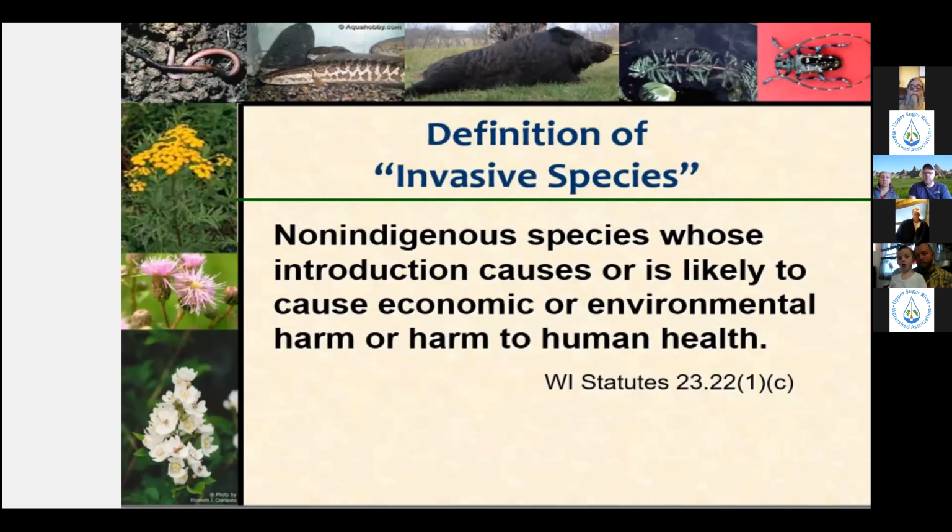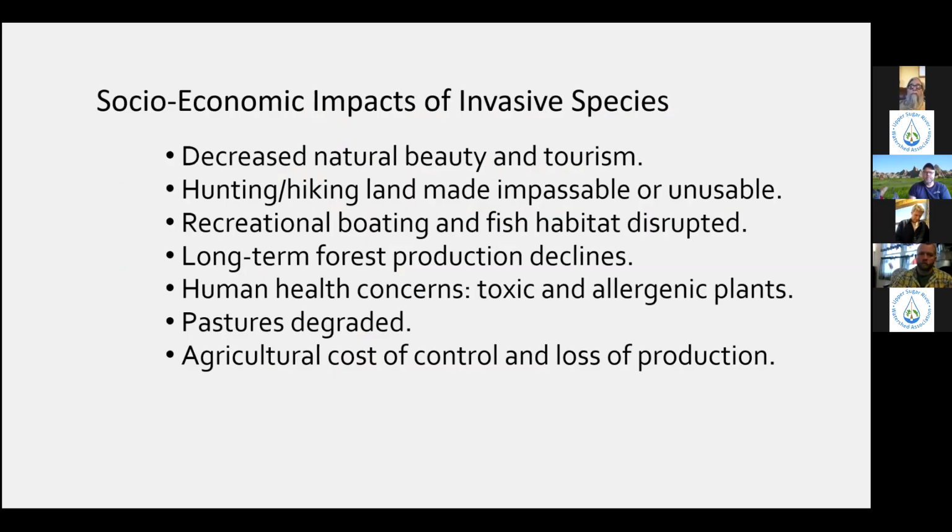In particular, we're talking about species that aren't from here originally, that have come here since the settlers have moved in, and that are going to be doing some variety of harm to either our natural environment or also our economic health. So here are some examples of things you might notice invasive species impacting.